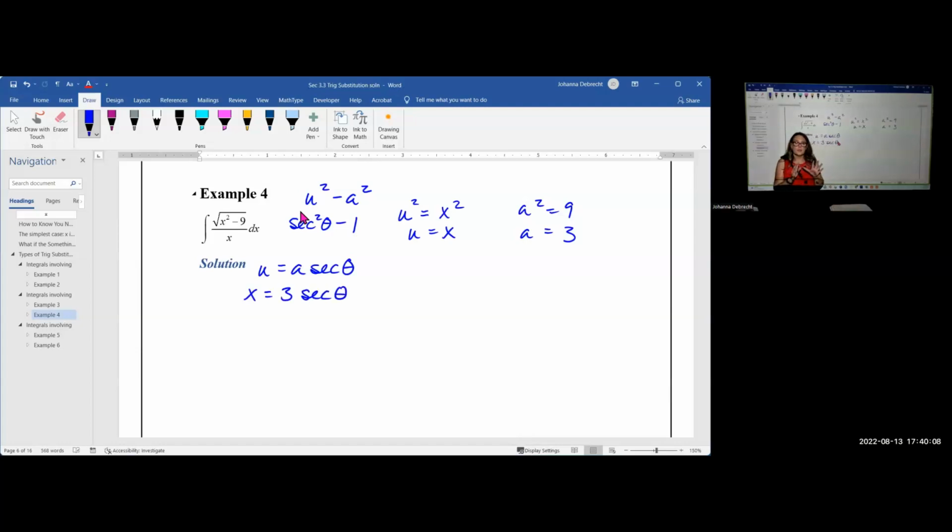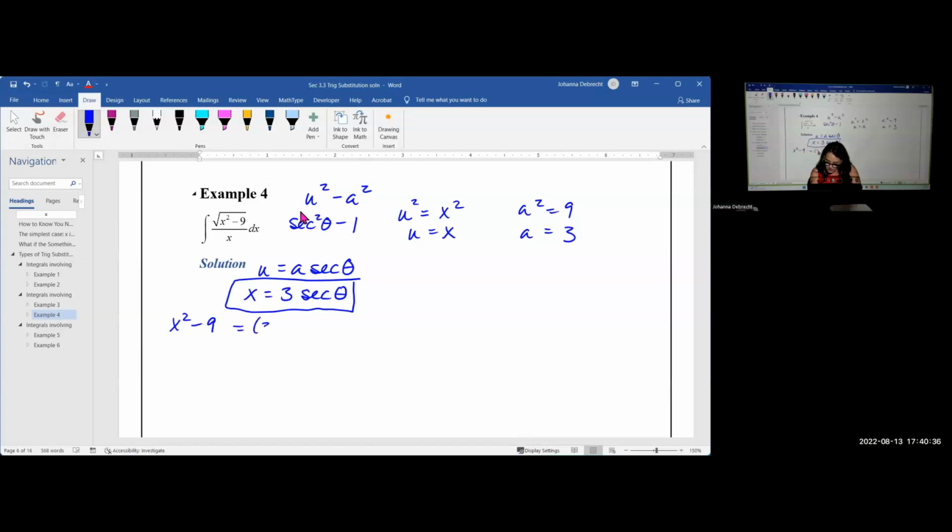Now we need to do something here to change what's under the radical to be an expression of theta. We need to change the x to be an expression of theta, and then we'll have to take the derivative of this original substitution equation in order to change the differential from dx to d theta. So let's tackle each piece independently. So we want to rebuild x squared minus 9.